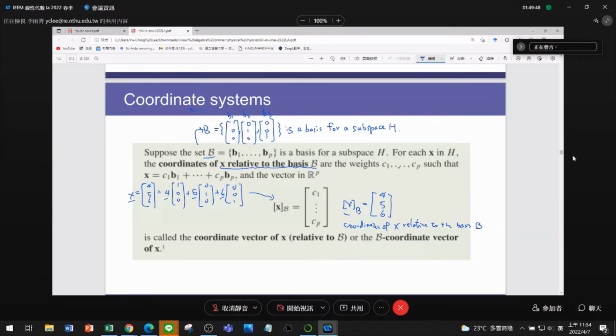Okay, so this is just the definition, and we're again introducing some terminology. We use these notations to say the coordinate vector of x, or the B-coordinate vector of x.